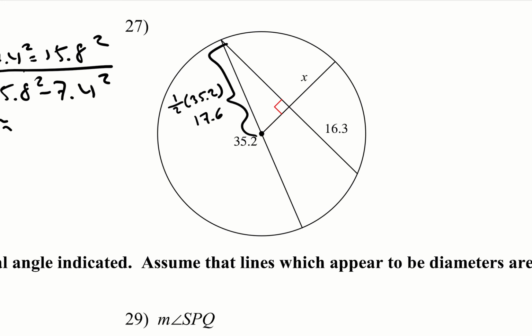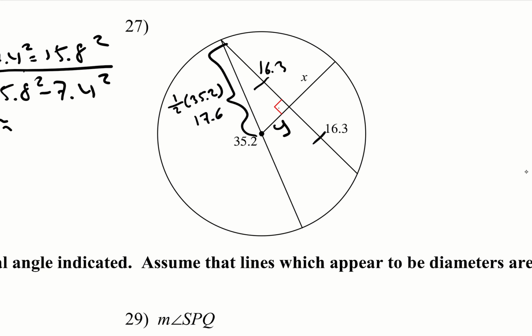And what we could do is call this y. Now we know that if a chord gets cut at a 90-degree angle, it must get cut in half. So if this is 16.3, then this is 16.3. So you can use the Pythagorean theorem to solve for y here.